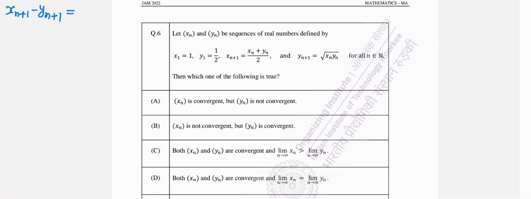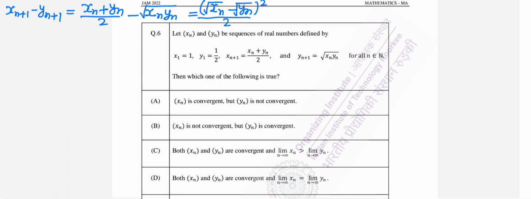And x n plus 1 is given in the question as x n plus y n by 2, and y n plus 1 is given in the question as root of x n y n. If you go ahead, then you get x n over root minus y n over root, square, by 2.